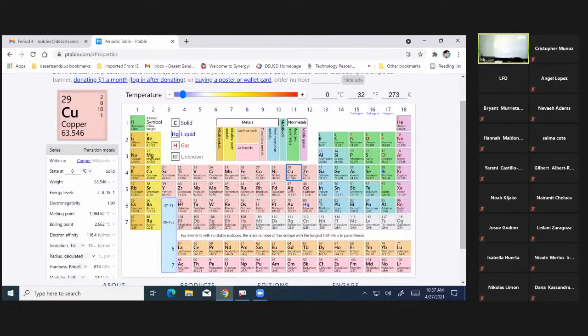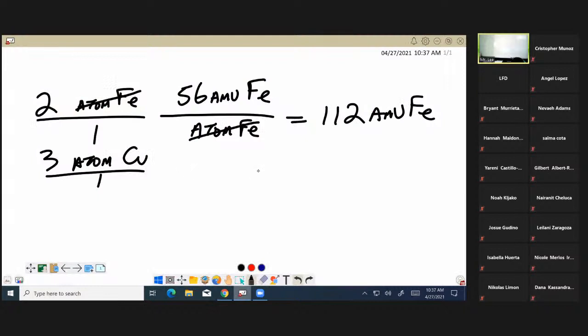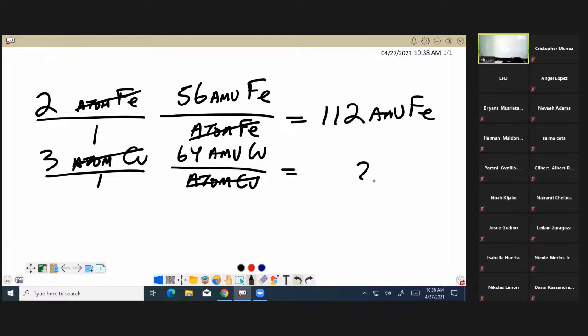So we have 64 AMUs of copper for every atom of copper. Atoms of copper go away. Multiply that out: 3 times 4 is 12, 3 times 6 is 18, so it's 192 AMUs of copper. All right.